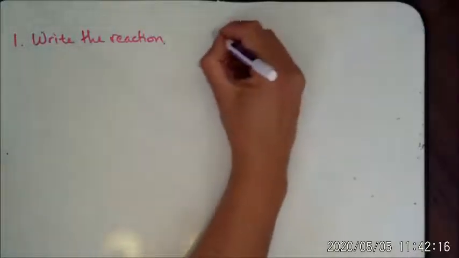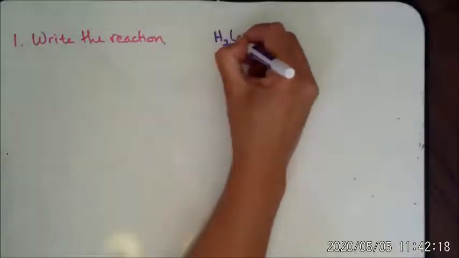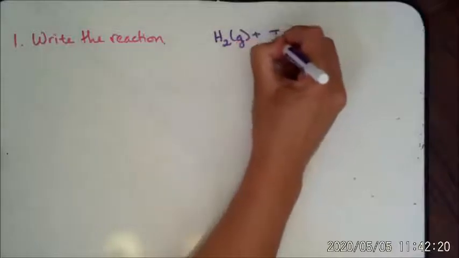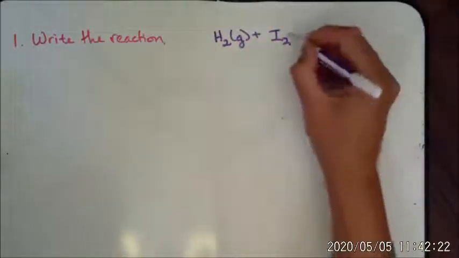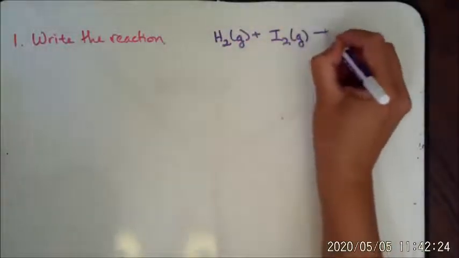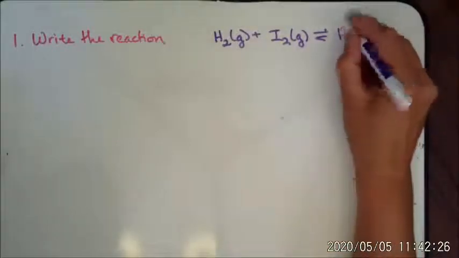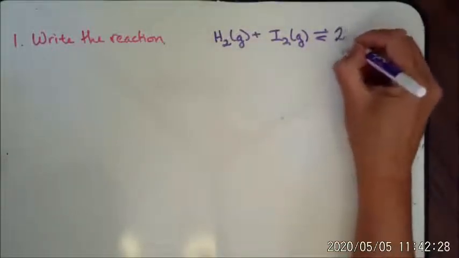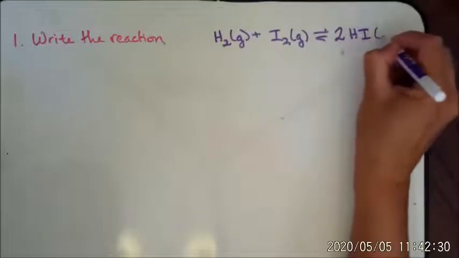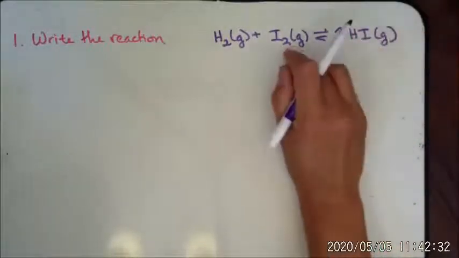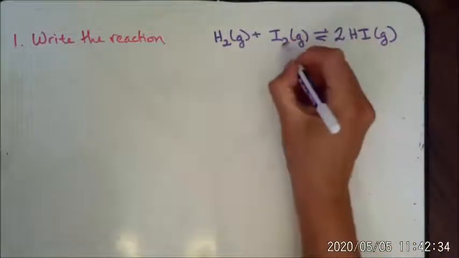Okay, so we need to know what we're working with. H2 plus I2 forms 2HI, at 448 degrees.